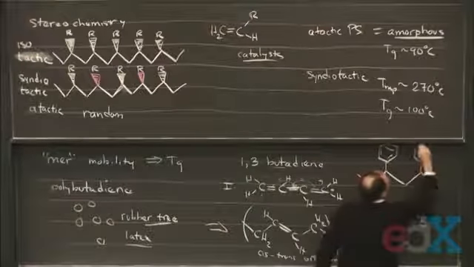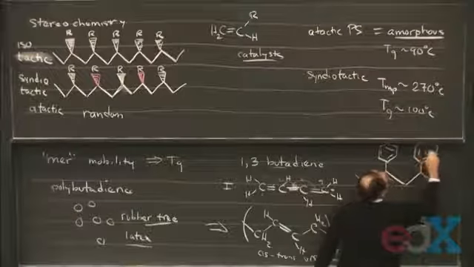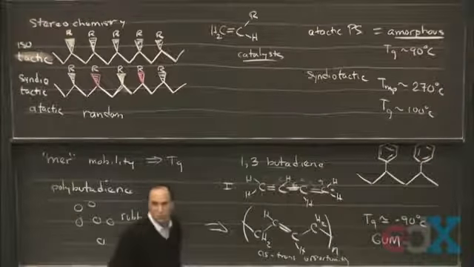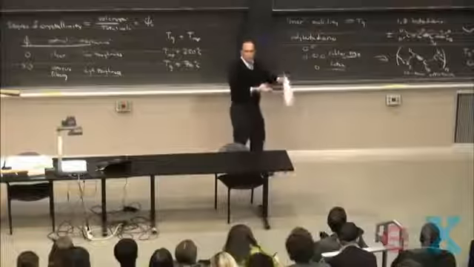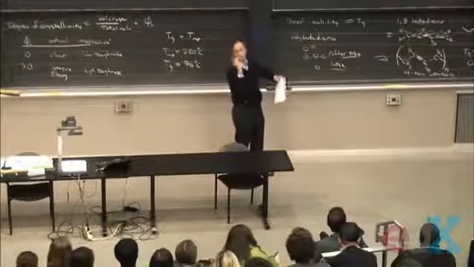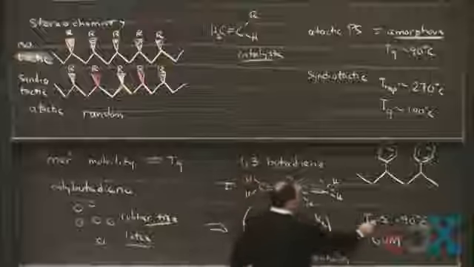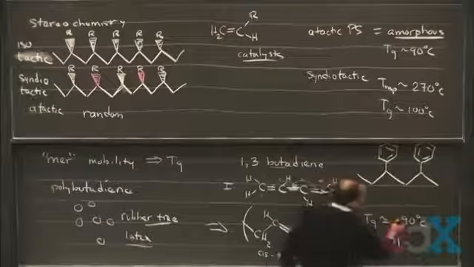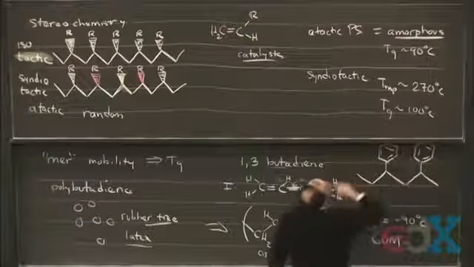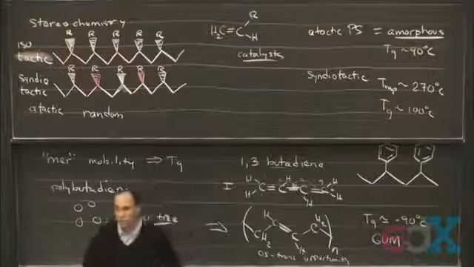A group that's... So how flexible do you think this mer is? If I'm going to bend this thing, I have to bend this big group through a long distance. And so the TG, as soon as you start adding stuff like that, you go from minus 90 up to 90 degrees C.